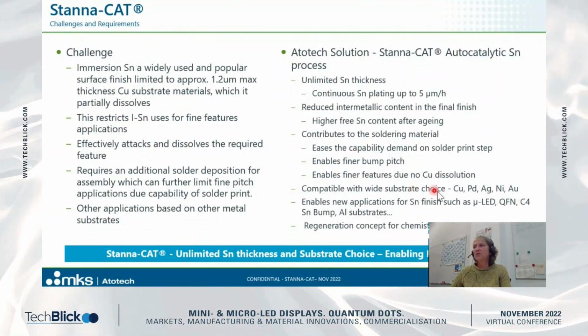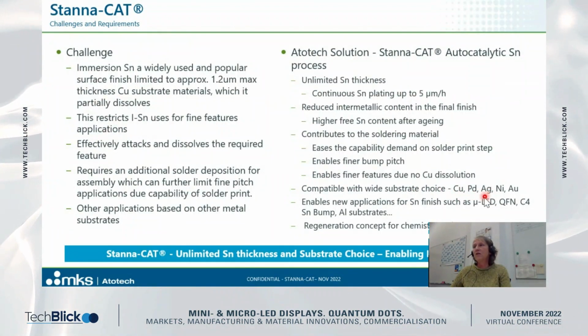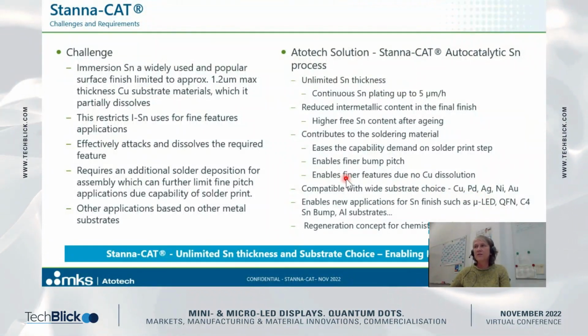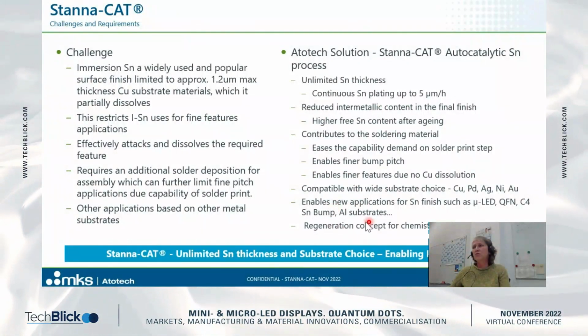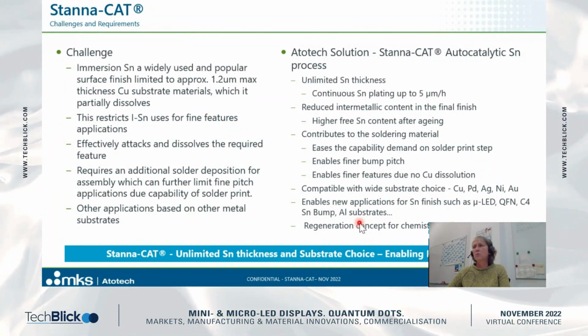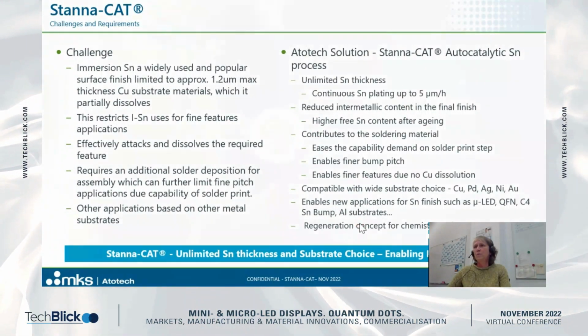We have actually done platings on copper, on palladium, on nickel, on gold layers, on silver layers. And you can deposit high thicknesses, so you also can deposit some solder bumps, solder depots by the plating process. And additionally, the process comes with a regeneration concept, where I will show a bit more details later on.